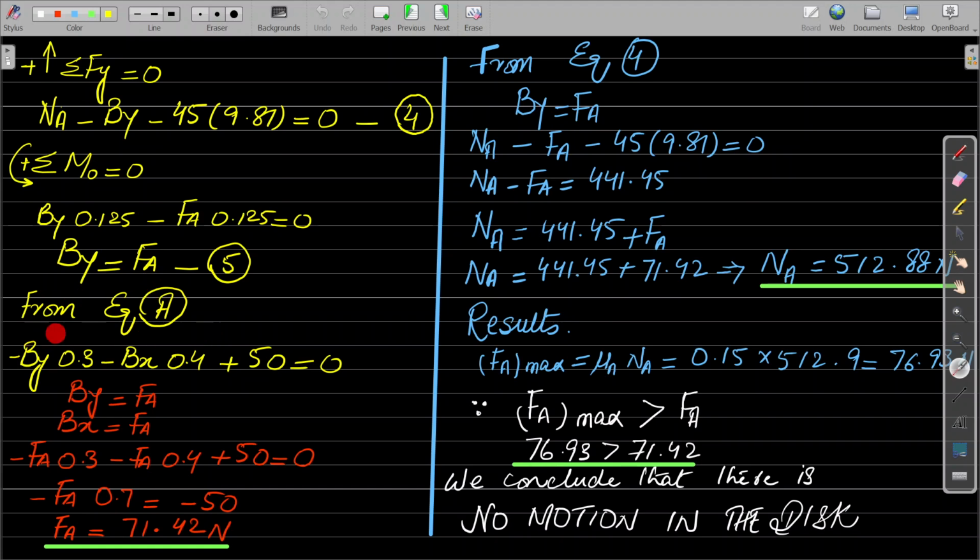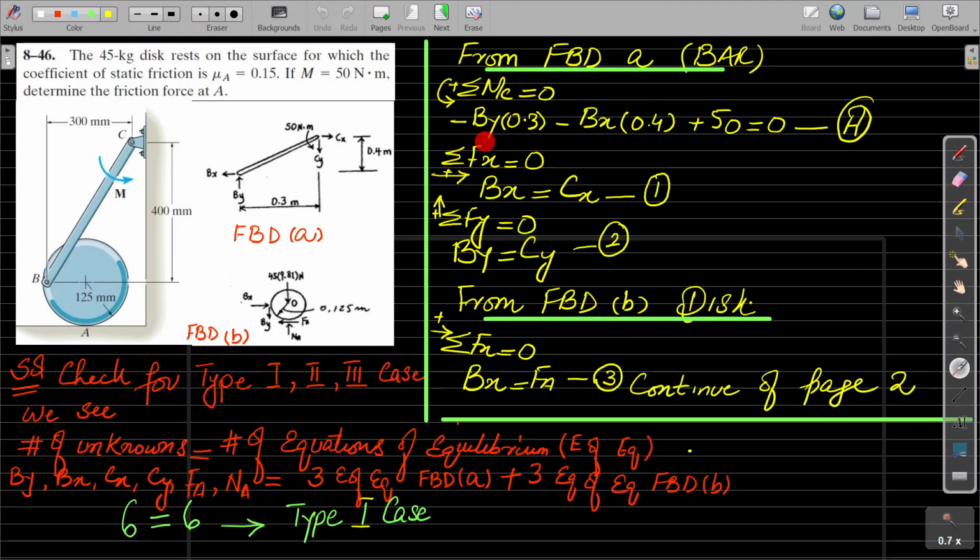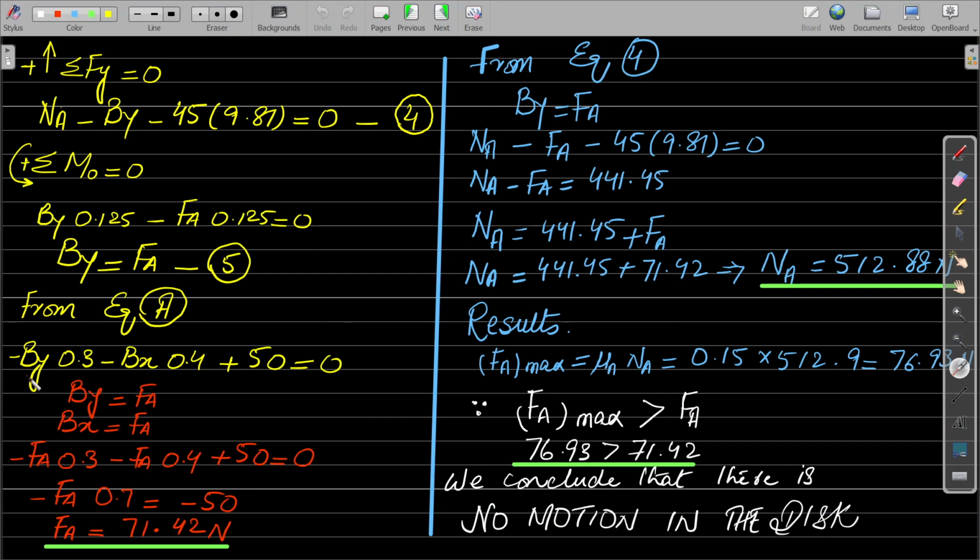Now from the equation A that we have previously developed, this was our equation A: minus By into 0.3 minus Bx into 0.4 plus 50. From this equation we know that By is equals to Fa, and we also know that Bx is also equals to Fa.